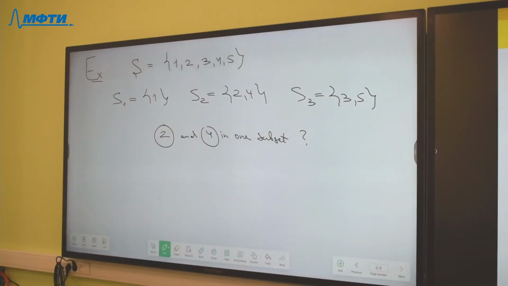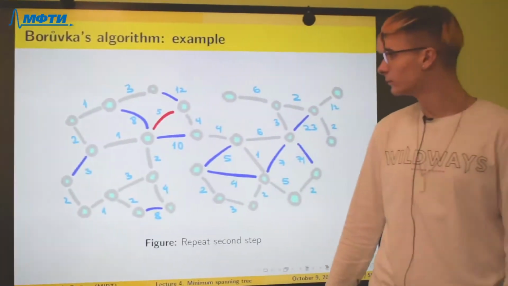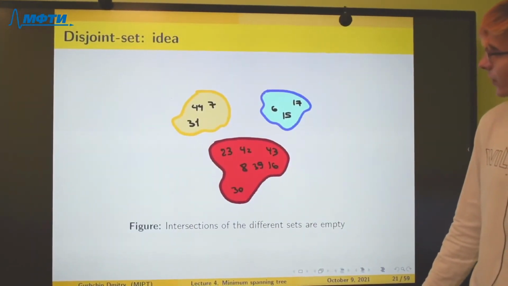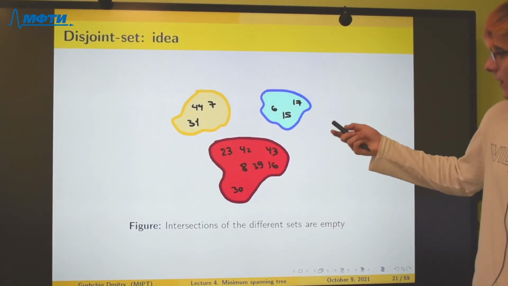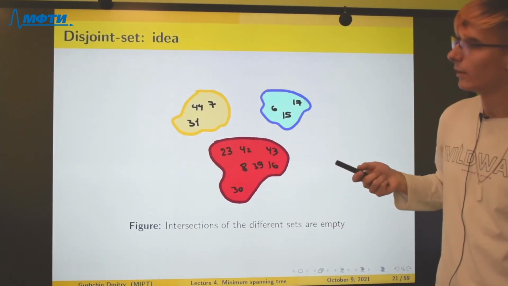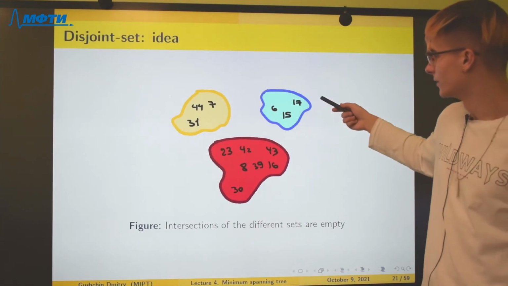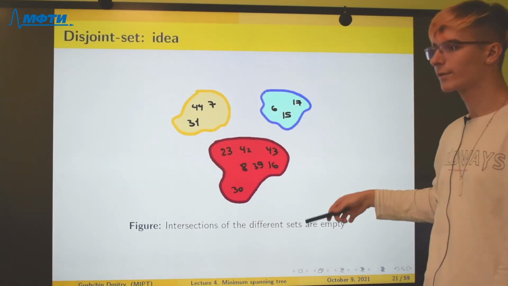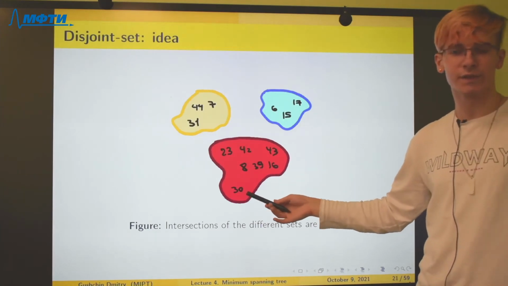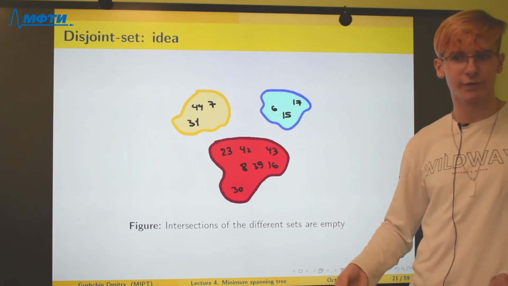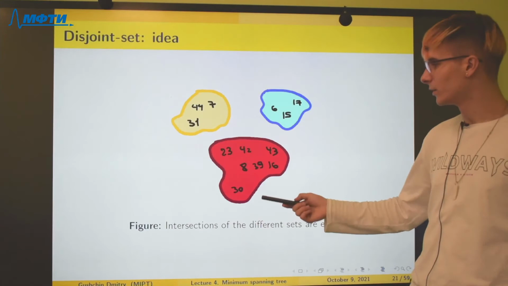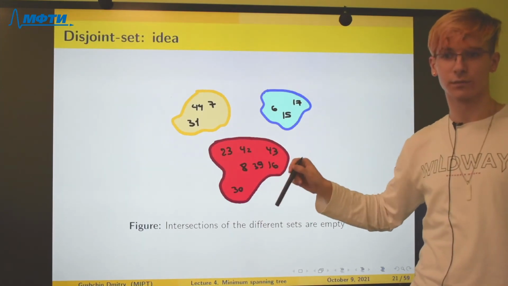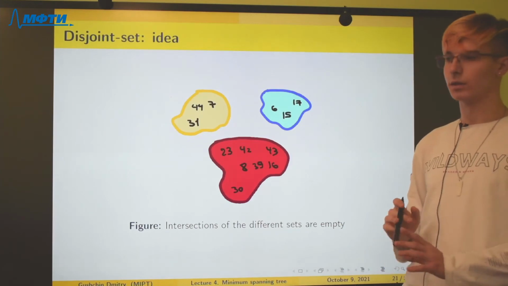The name of this data structure is disjoint set, and the idea is to store different subsets and use, for example, trees, binary trees, Fibonacci trees or heaps to store each component.